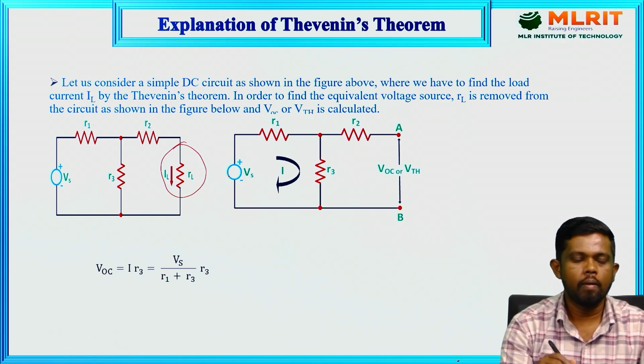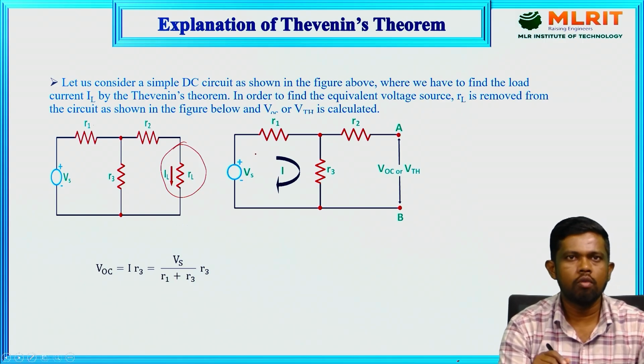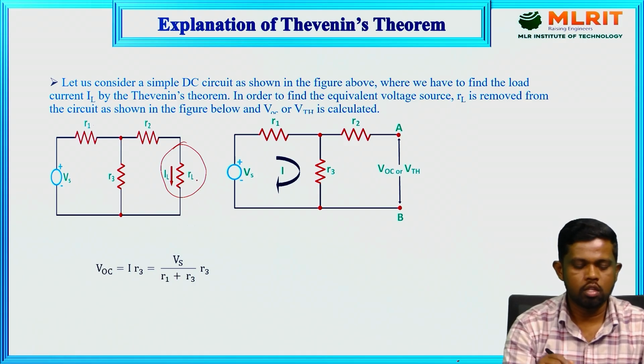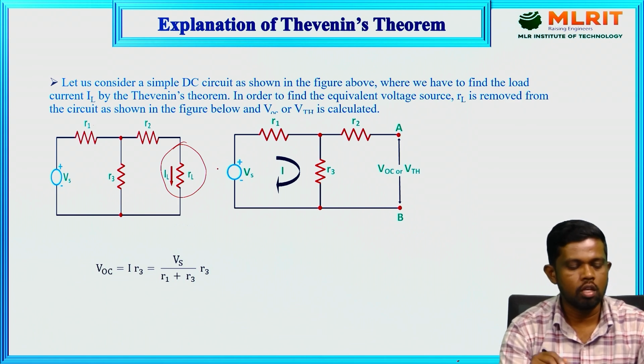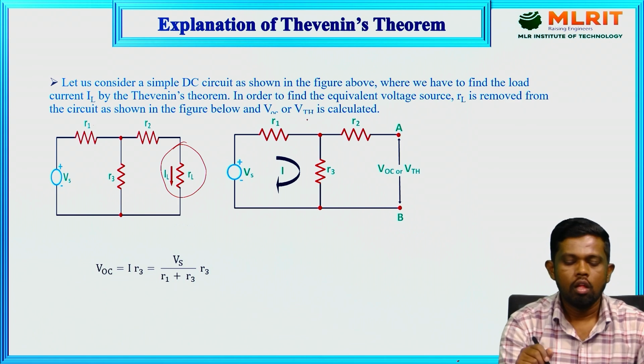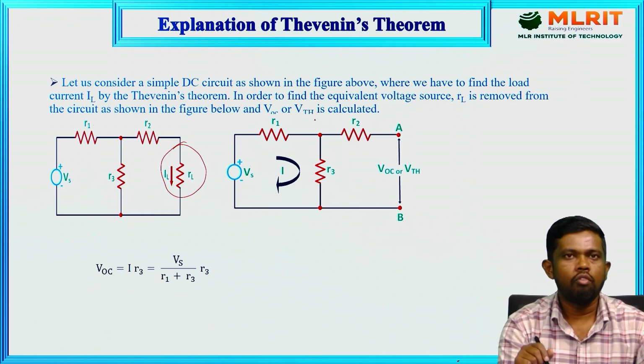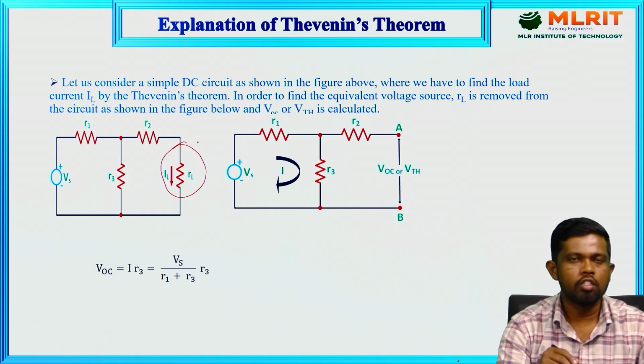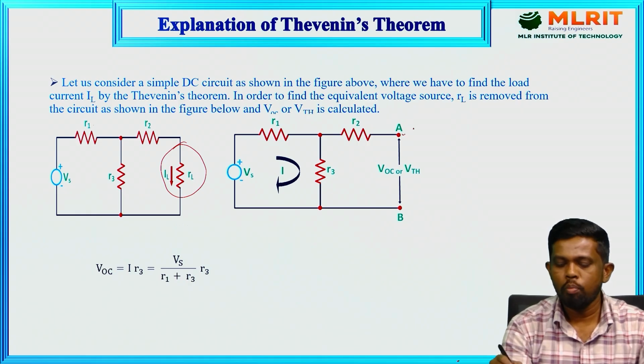Whatever element we need to get the response for, we remove from the corresponding terminals, and we consider that as the load resistor. So to get the Thevenin voltage of any circuit, we remove the load resistor, which leaves open circuit terminals.